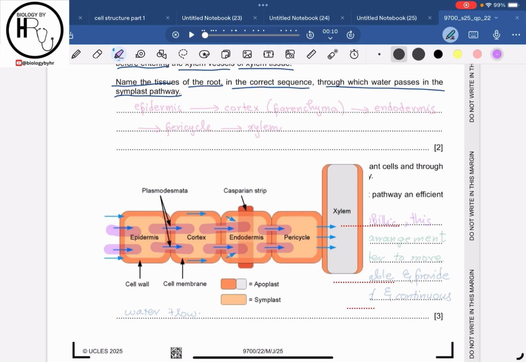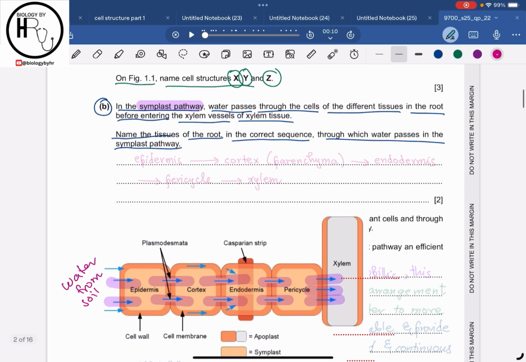The water moves to the pericycle layer of cells, and then from the pericycle they move to the xylem. So this is how the water from the soil reaches via the symplast pathway towards the xylem.